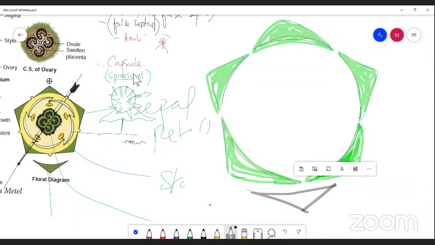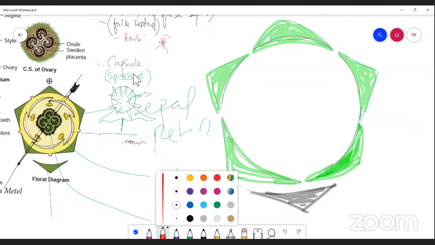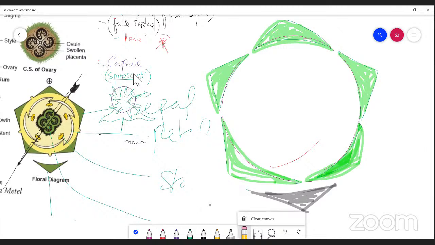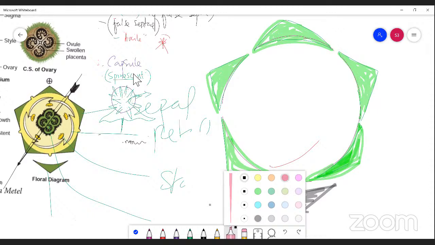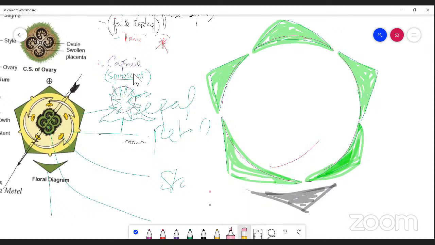Then followed by petals. The petals are 5. The arrangement of petals is twisted aestivation. So the first petal should be taken here. Follow me, then you can understand.